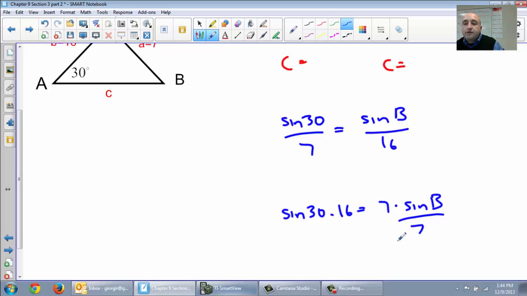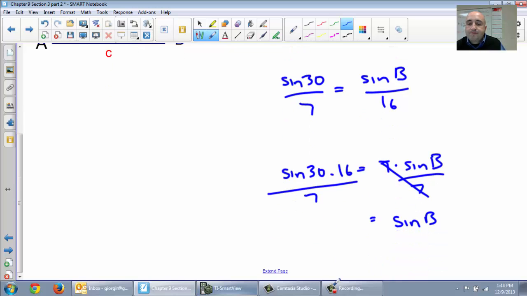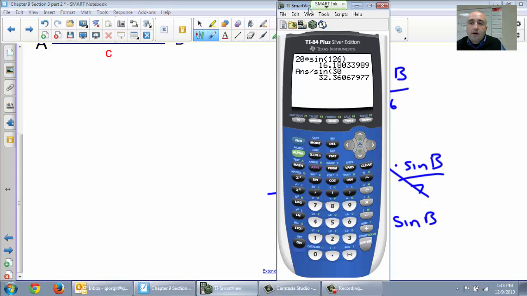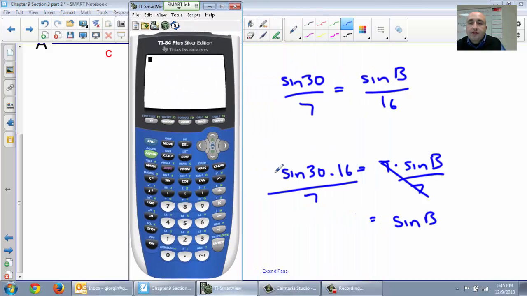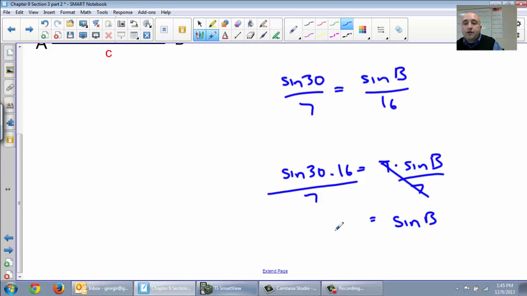Divide by 7. The 7's cancel. So sine of b is equal to, let's see what this is now. Sine of 30 times 16, and then divide by 7, and I get an answer of 1.14.